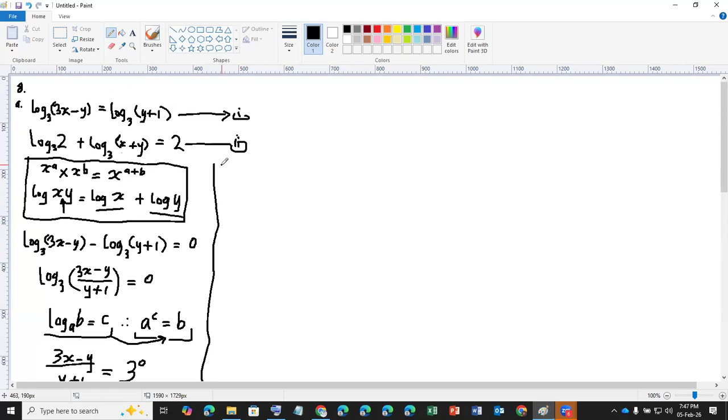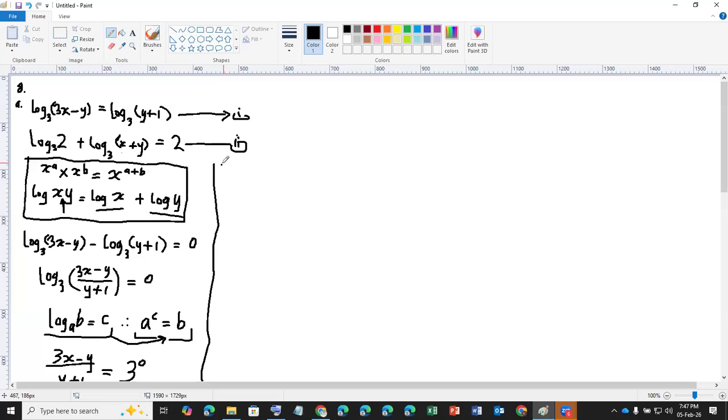Now remember, these laws of logarithm depend on one fact: the bases must be the same, and in this case, thank God, all the bases are base 3. So we can apply them.